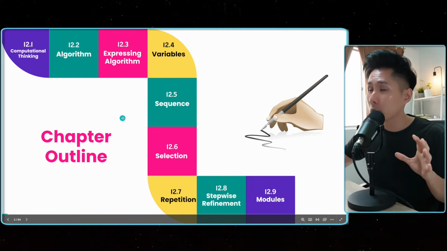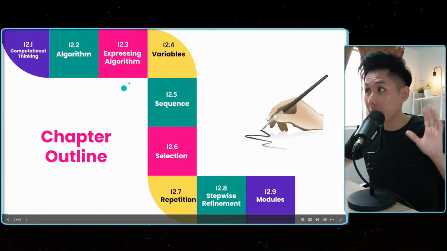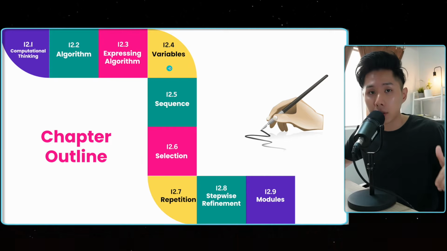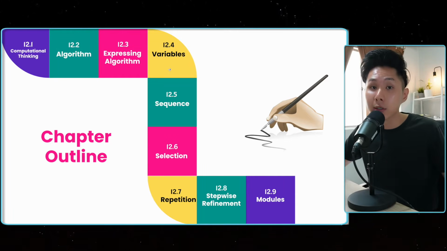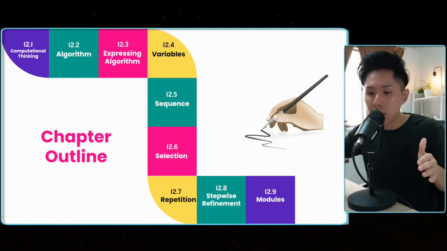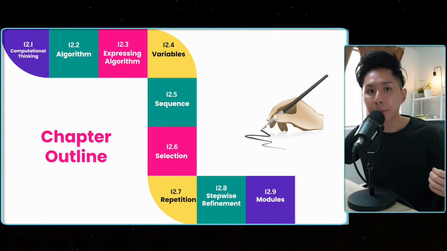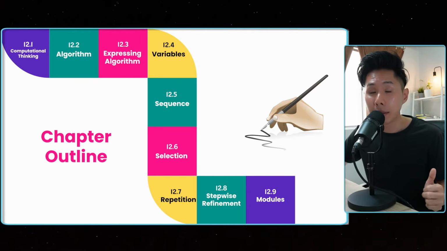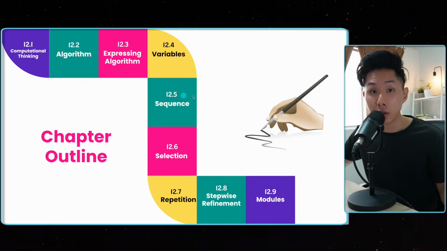And then we'll look into the different ways that we can express an algorithm, followed by the various constructs you need in forming an algorithm to solve a solution. We won't go into programming yet, but think of this chapter like the grammar you need to write an essay. It will prepare you with the knowledge to learn programming better in the next few videos.